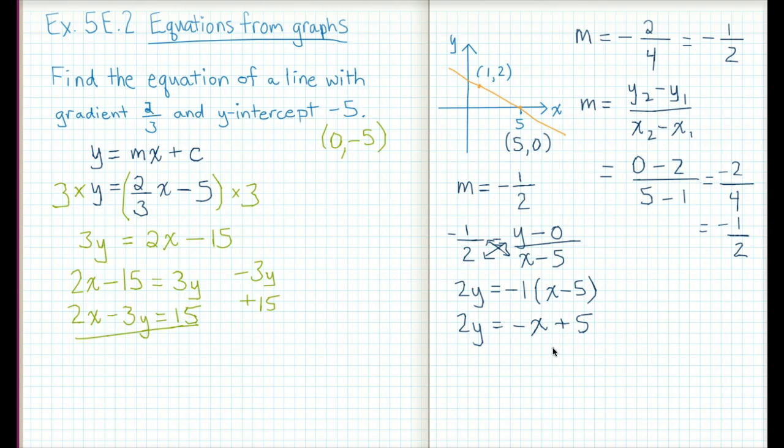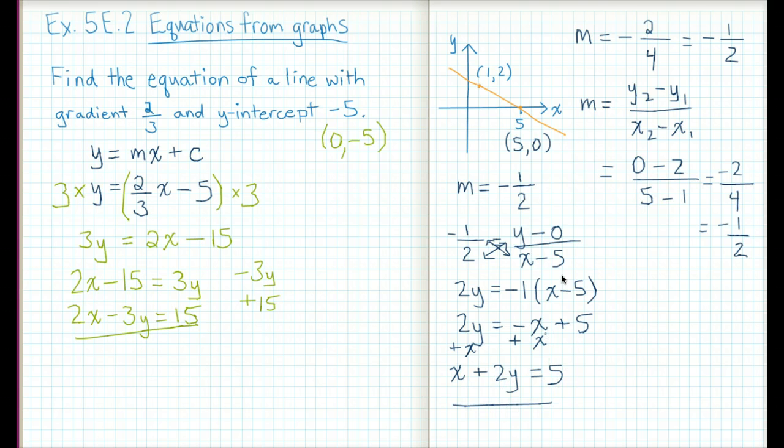Now I have to ask whether I want it in general form or gradient intercept form. I'll do it in general form first. My x is negative, so I'm going to switch it onto the other side, so add x to both sides and put the x first. So x plus 2y equals 5. And now it's in general form with the a term a 1, the b term a 2, and the c term a 5.